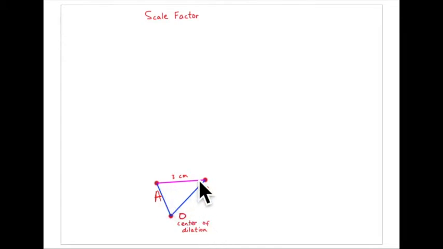So the copy of AB, or the image of AB, when it gets dilated either out, or in one case in, it gets smaller, after the dilation with a scale factor of 5. All right, so as I said a moment ago, the distance from the center of dilation to the point A here, that's the unit.